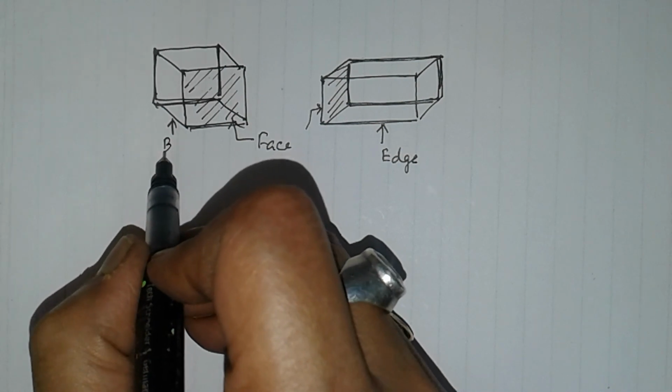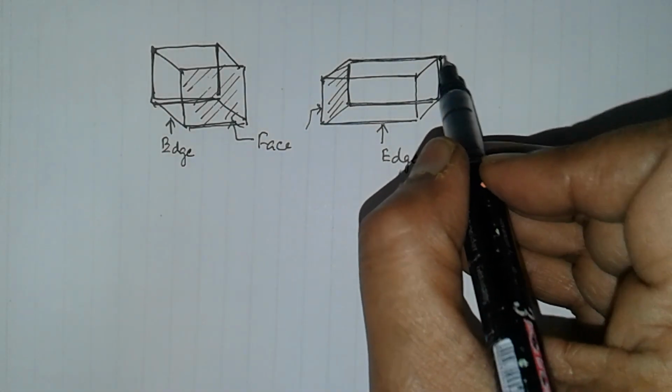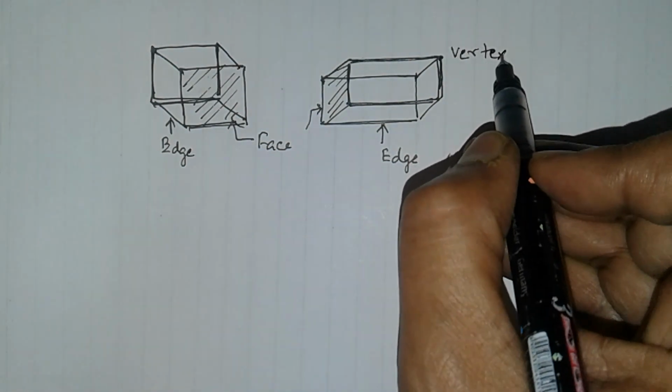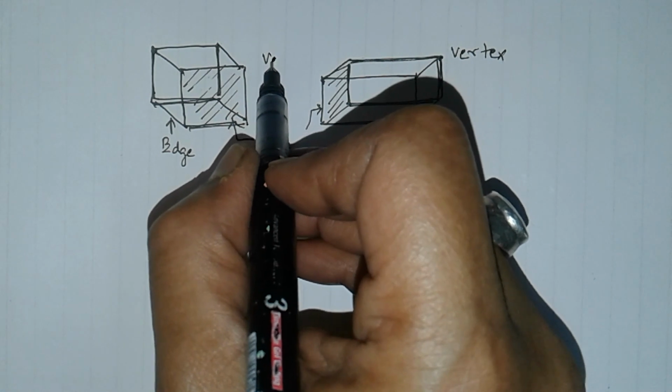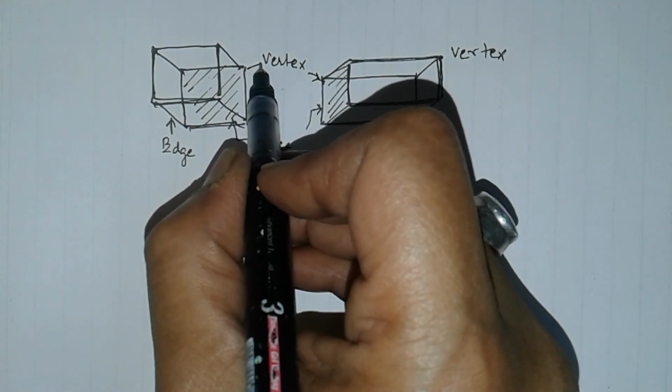This is an edge. Now these corners are the vertices. So these are the vertices.